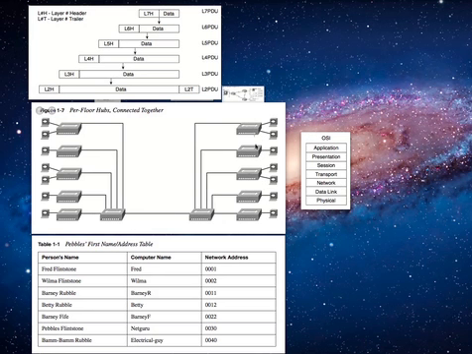So this guy wants to send a message over to this guy. He's going to go over the data link layer. What he's going to do is send out an ARP request, and he's going to say, I need to know everybody's network address.